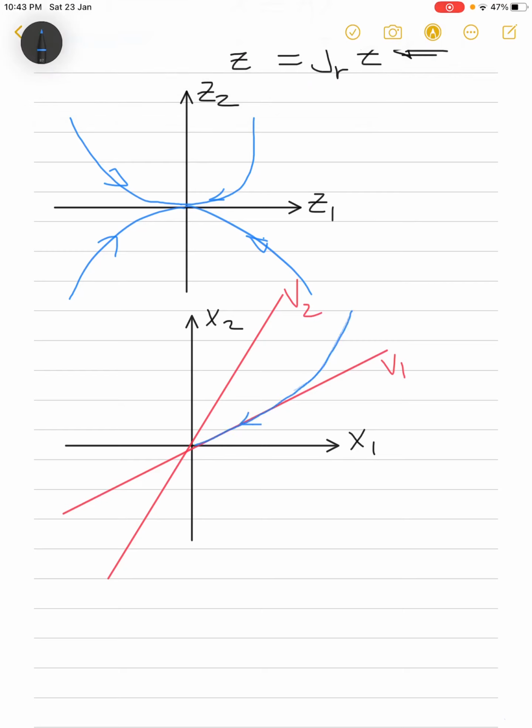Like this, according to the assumption that lambda 2 is more negative than lambda 1, and on the other side it will be like that.